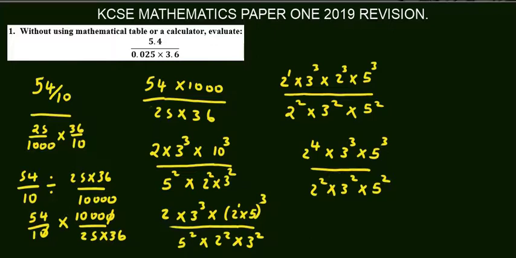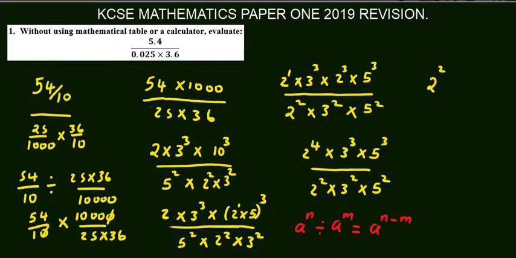So applying the laws of indices, we know that if you have a power n divided by a power m, the result is a power n minus m. So that is the law that will apply, so that 2 power 4 divided by 2 power 2 will give us 2 power 4 minus 2, that is 2 power 2.